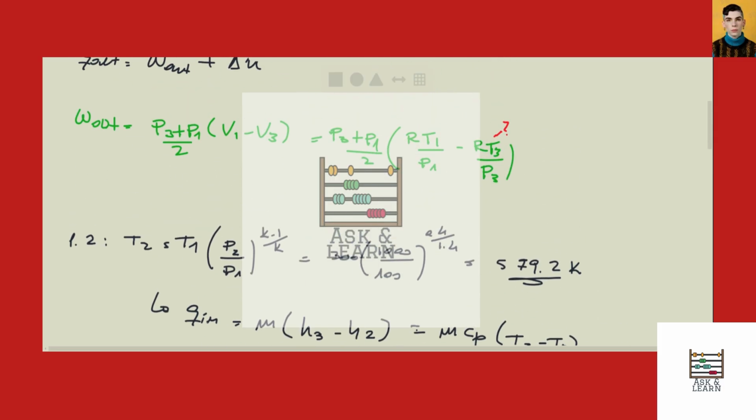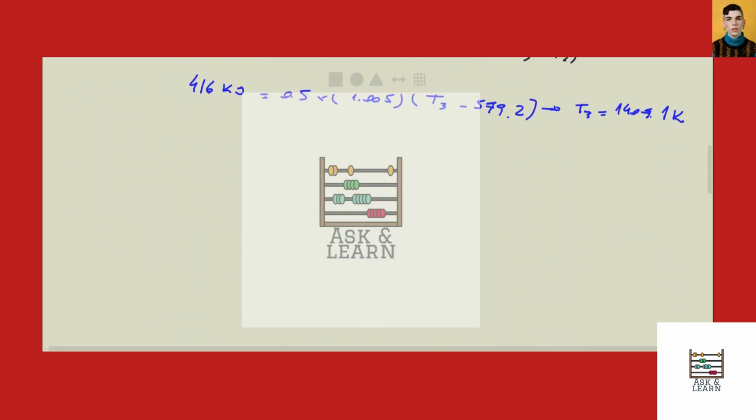Finally, we can calculate the output work. So the output work is going to be (1000 plus 100) divided by 2, that multiplies 300 divided by 100 minus 1407.1 divided by 1000, that multiplies R, which is 0.287.